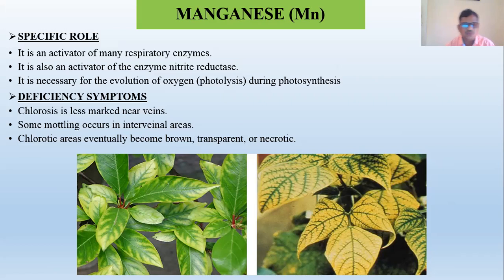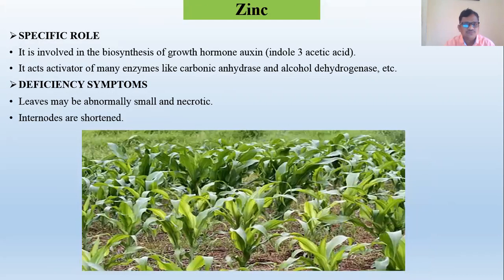Eventually, when the deficiency is at a critical stage, the leaves are dropped. Then chlorotic areas eventually become brown, transparent, or necrotic. So these are the important deficiency symptoms of manganese. Moving on to the next slide.